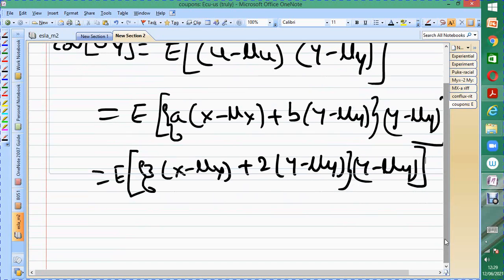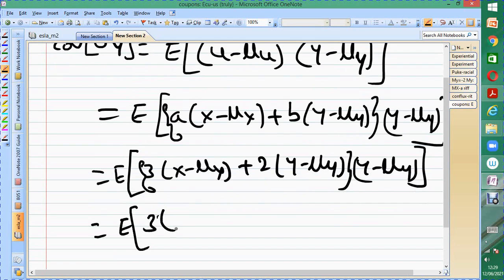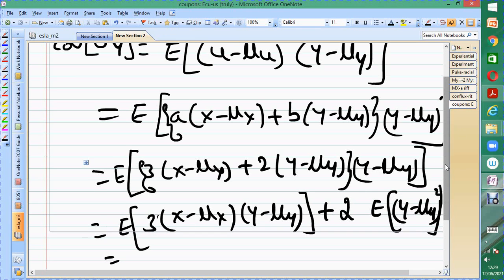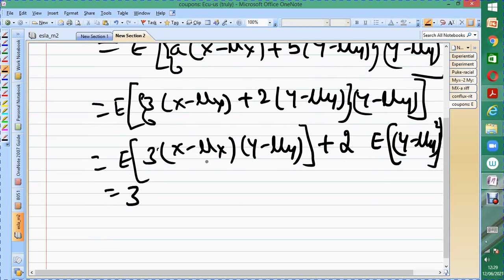Now what we get is expectation of 3 into x minus mu x into y minus mu y, and here I will apply the linearity property, plus 2 into expectation of y minus mu y whole square. Here 3 is a constant, so you can take it outside: 3 into the expectation, which is nothing but the covariance of xy, plus 2 into the expectation of y minus mu y whole square, which is nothing but sigma y square.